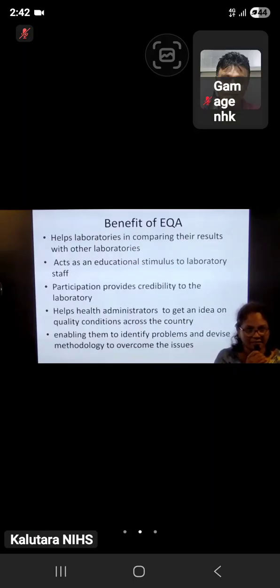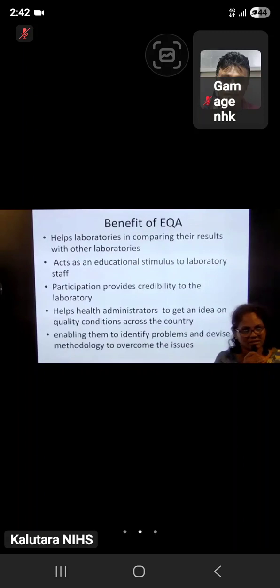Therefore, the health administrators can have an idea about the quality conditions, enabling them to identify problems and advise methodology to overcome the issues. So if your results are not up to the standard, you can have a methodology to overcome the issues. Right? So you can correct those errors, find out what happened, and then have a solution to improve your quality.